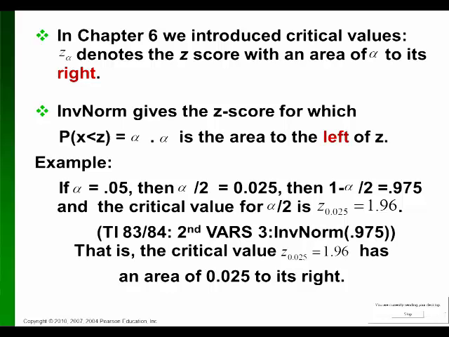So we're going to type in inverse norm 1 minus 0.025, or 1 minus 0.025 is just 0.975. When I type in inverse norm 0.975, I get a critical value of 1.96.